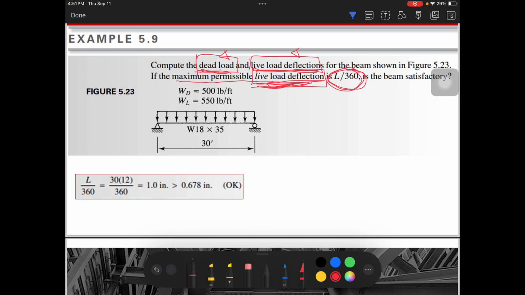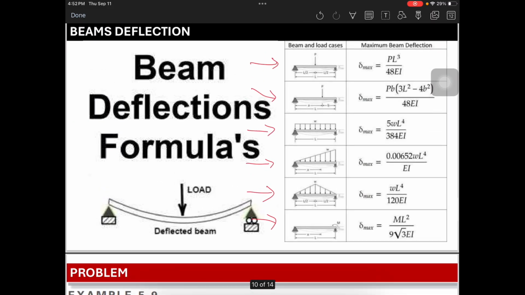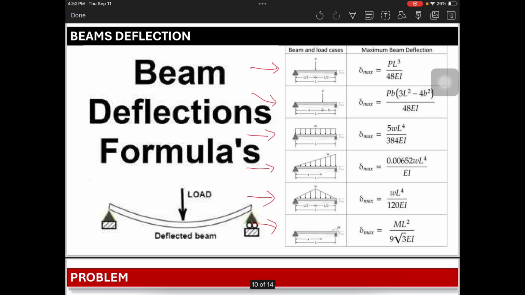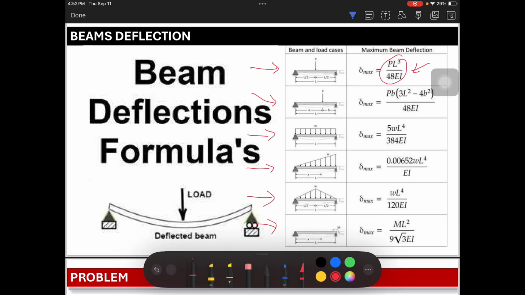Okay, since this is our loading, uniformly distributed, these are the two magnitudes of our loading, and then 30 feet, and W 18 by 35. We don't need Fy, because there is no Fy in our formulas. Because this is a deflection check.